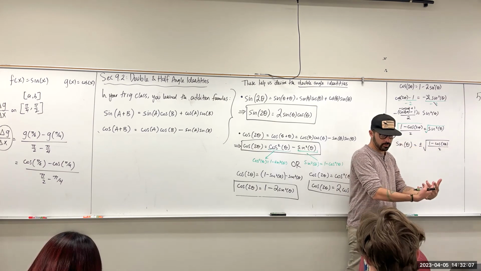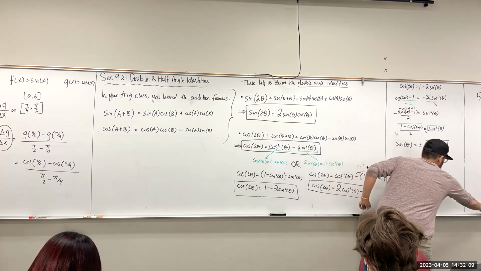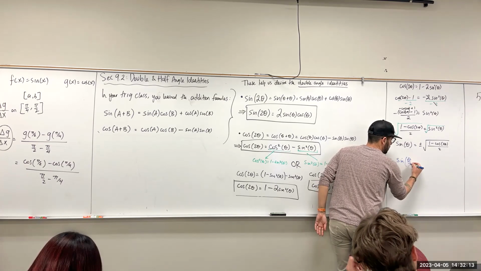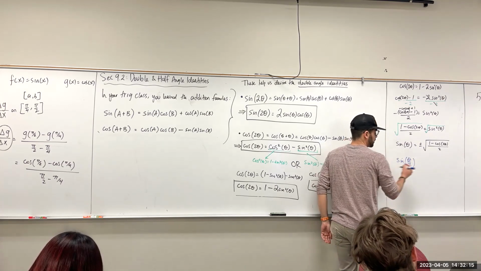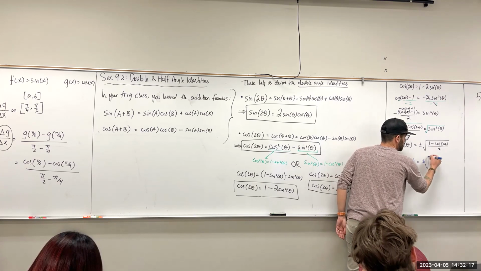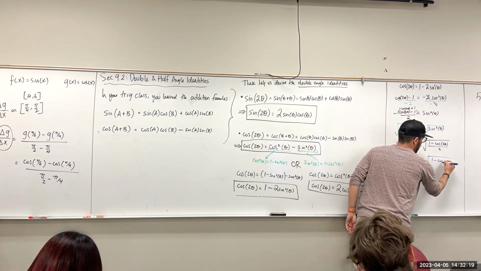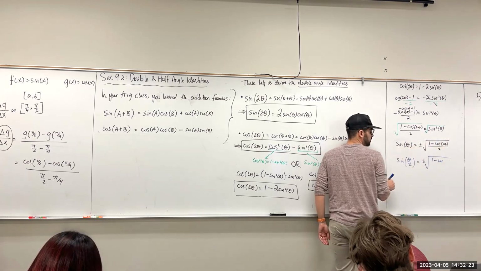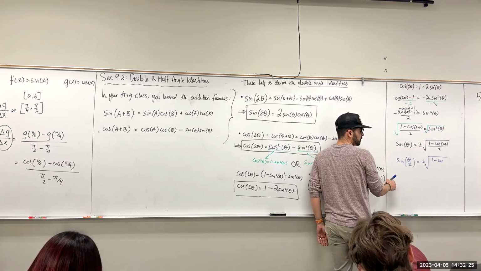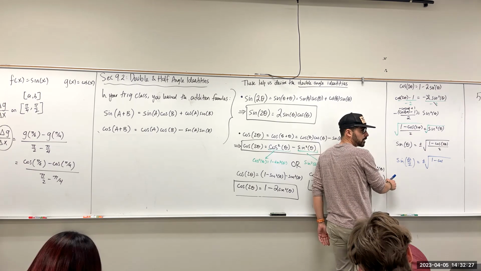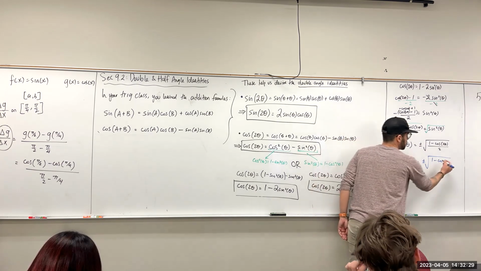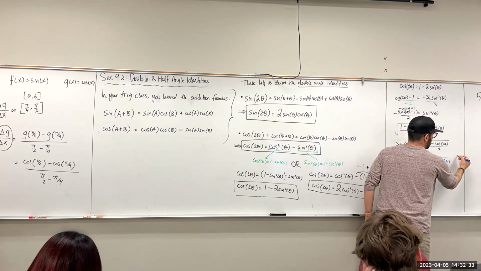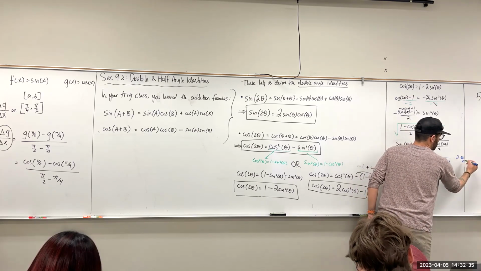The way the textbook is going to say it is sine of half an angle equals plus or minus the square root of 1 minus cosine. What happens if I double this angle? It just becomes a theta, because 2 times theta over 2, the 2's cancel.